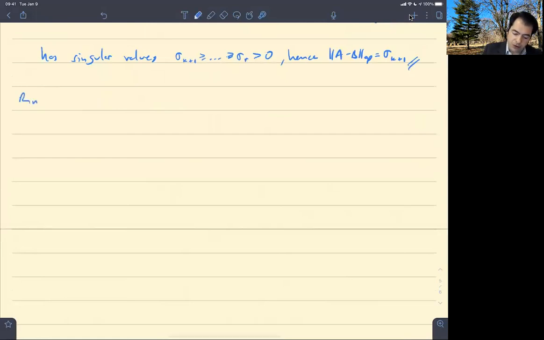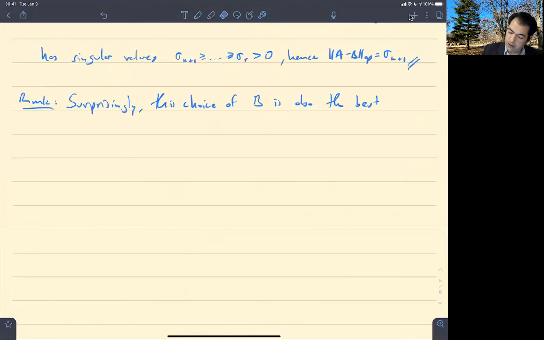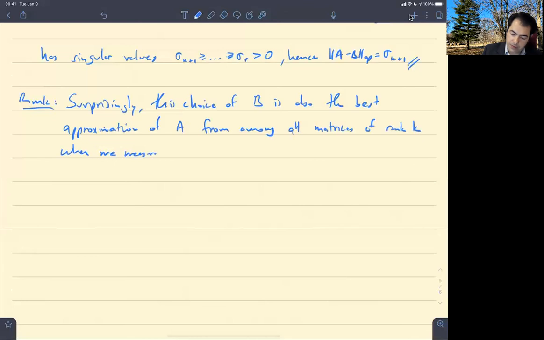Okay. Surprisingly, I'll put this as a remark. This choice of B is also the best approximation of A from among all matrices of rank k when we measure the distance in the Frobenius norm instead of the operator norm.